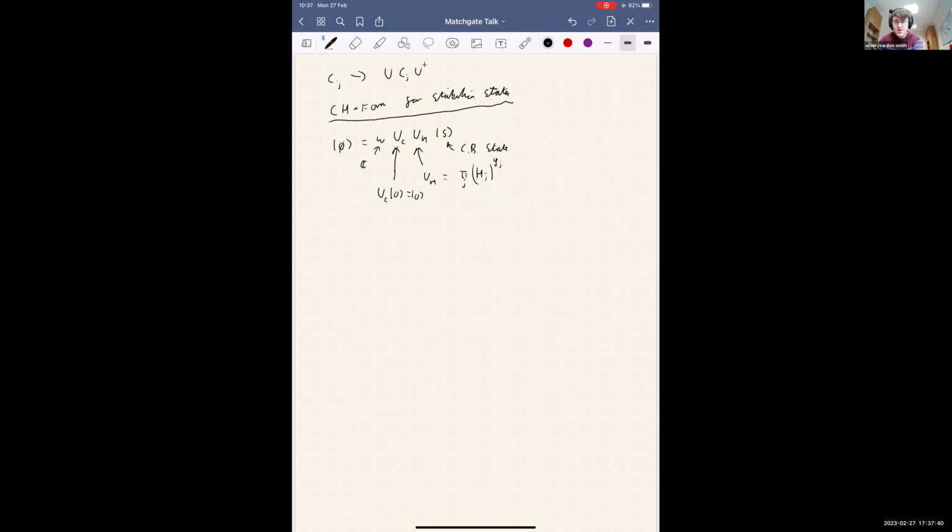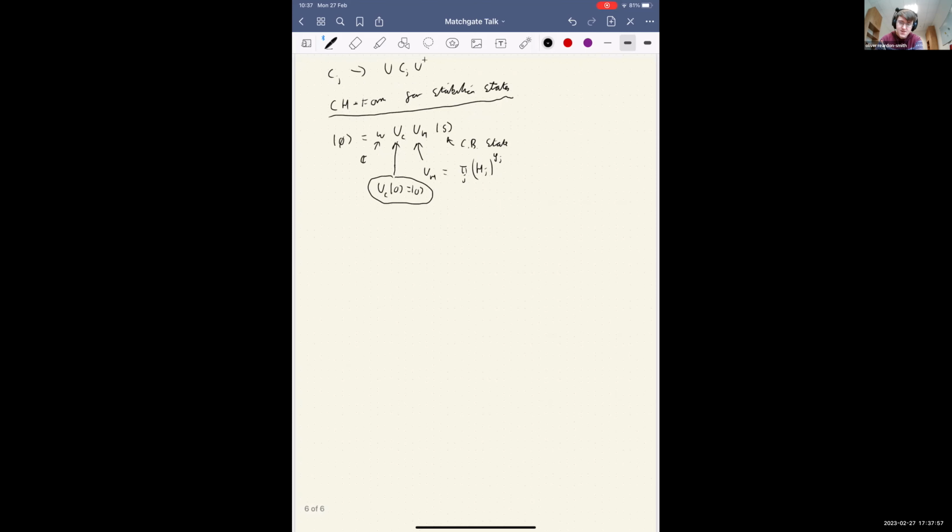Essentially, all of the complexity, or most of the complexity, of the stabilizer state is represented in this U_C. Because U_C maps 0 to 0, you can always keep track of the complex number, the inner product of 0 with U_C 0, which is a norm 1 complex number. So you can always keep track of the phase information in this complex number.